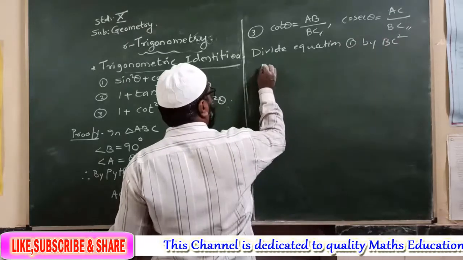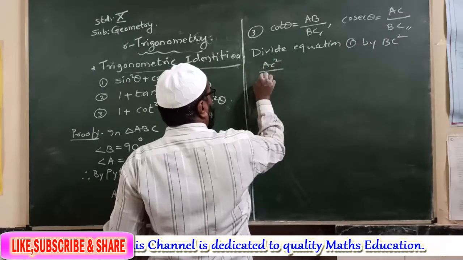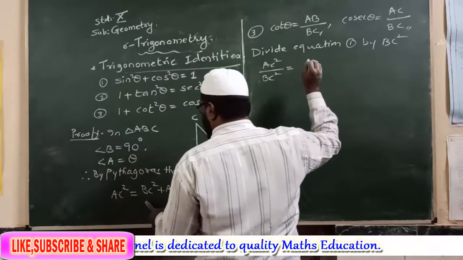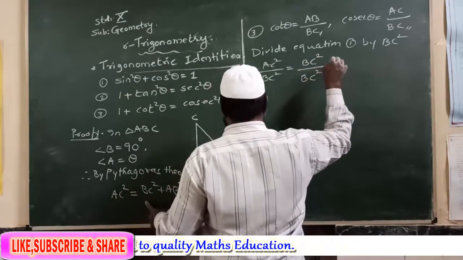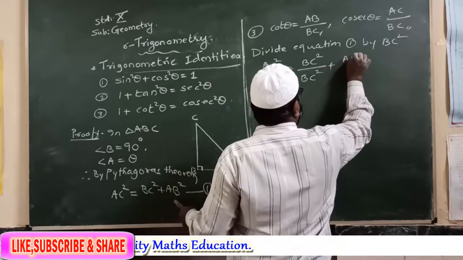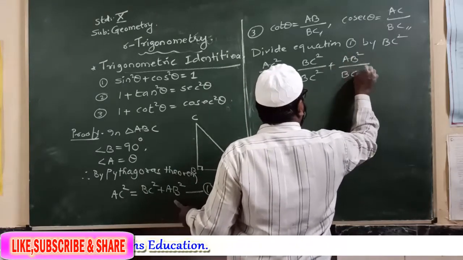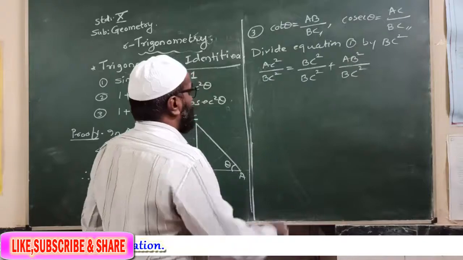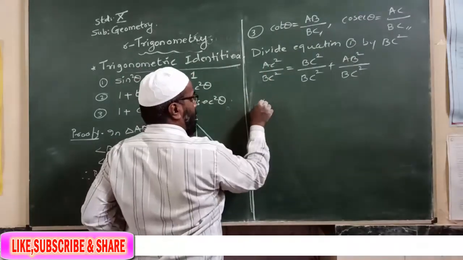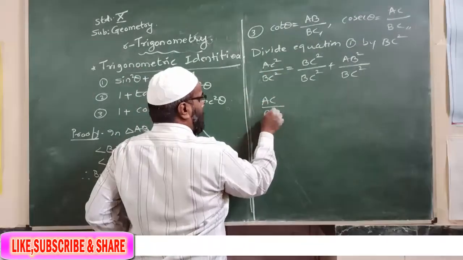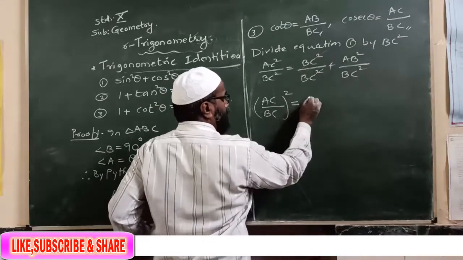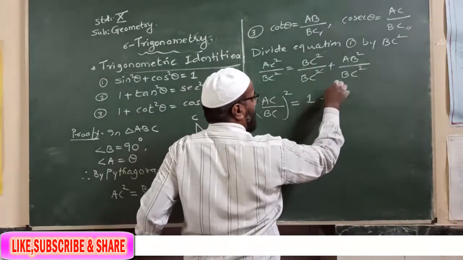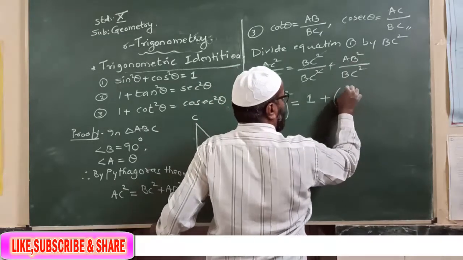So you will get AC square upon BC square is equal to BC square upon BC square plus AB square upon BC square. Okay. So this AC square upon BC square we can write as (AC upon BC) bracket square is equal to, this BC square gets cancelled, you will get 1 only, plus (AB upon BC) bracket square.